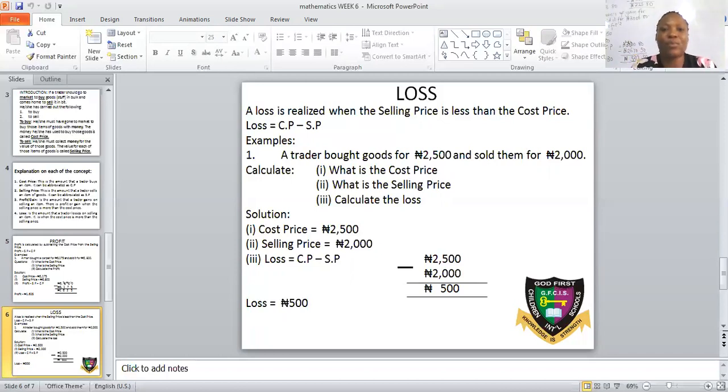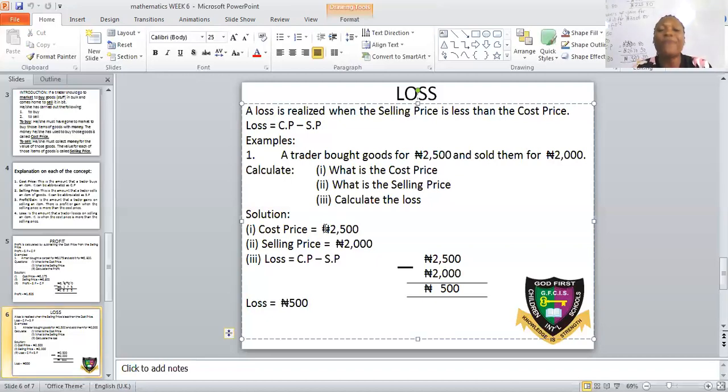Now calculate. Number one, what is the cost price? How much did the person buy it? The cost price equals 2,500 naira. How much did he sell it? Sold them for 2,000 naira.